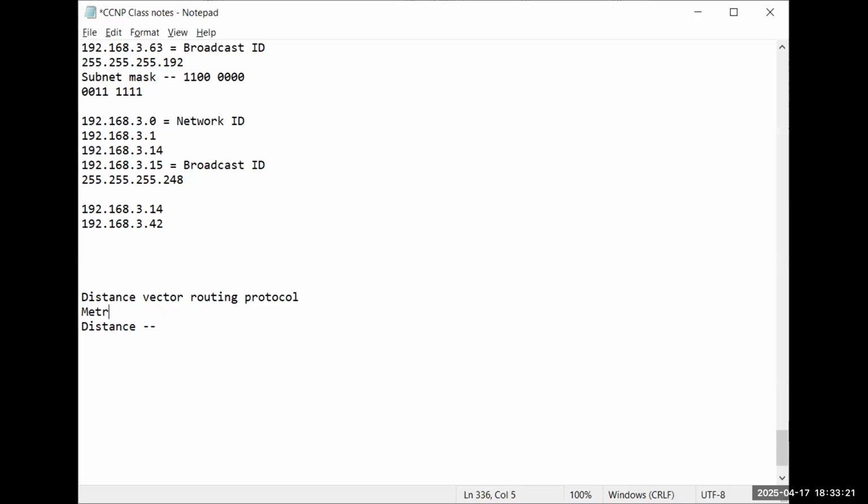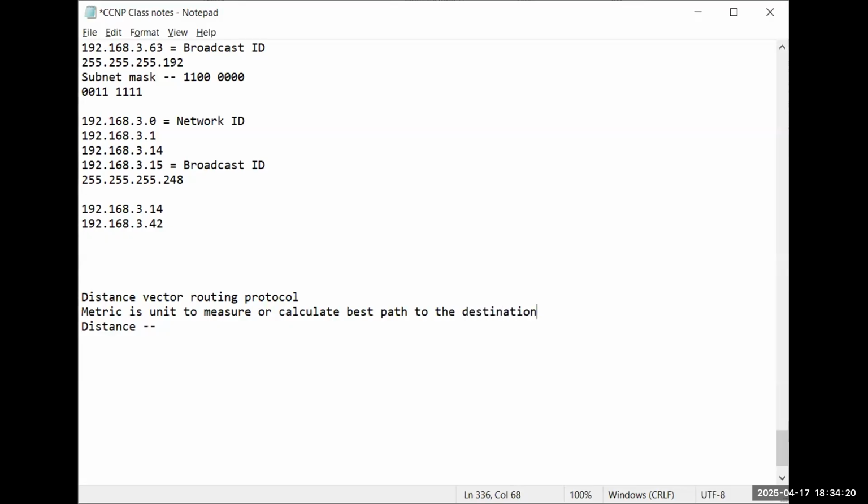Yeah, metric is a unit to measure or calculate the best path to reach the destination.